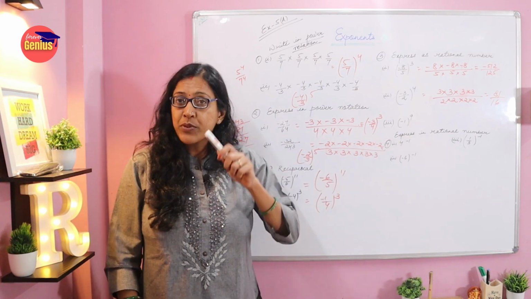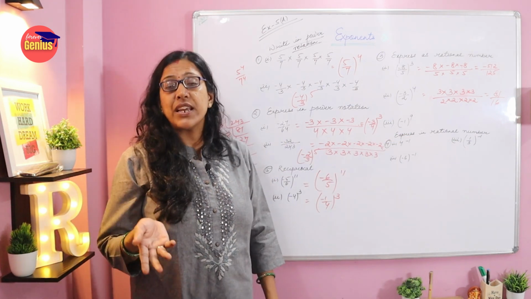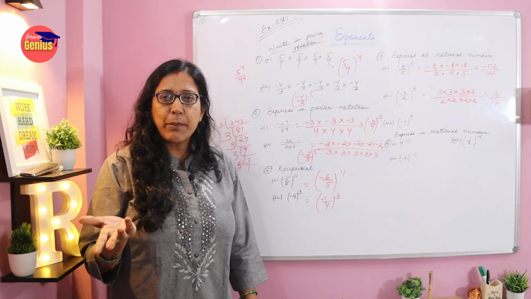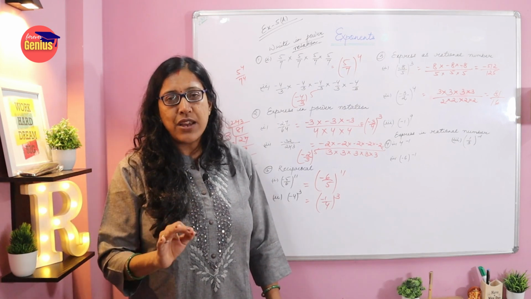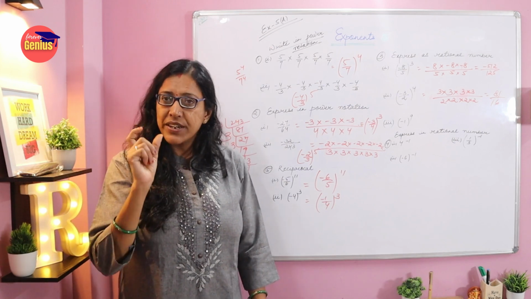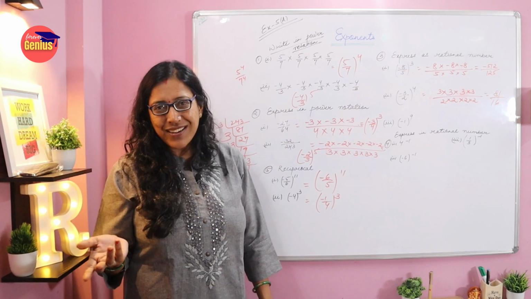If it is an odd number, I will write minus 1 as the answer. If it is an even number like minus 1 to the power, suppose, 82, I will simply write the answer as 1. If for example it is minus 1 to the power 63, it is an odd number, so I will write the answer as minus 1.